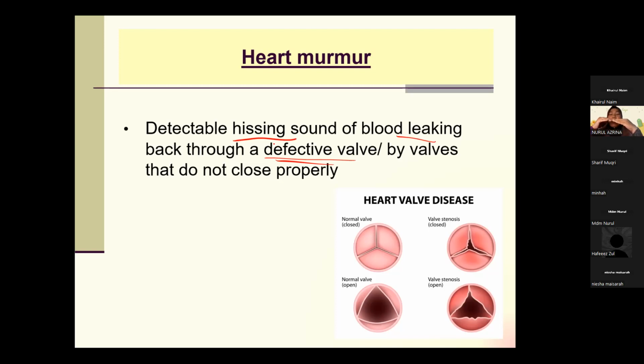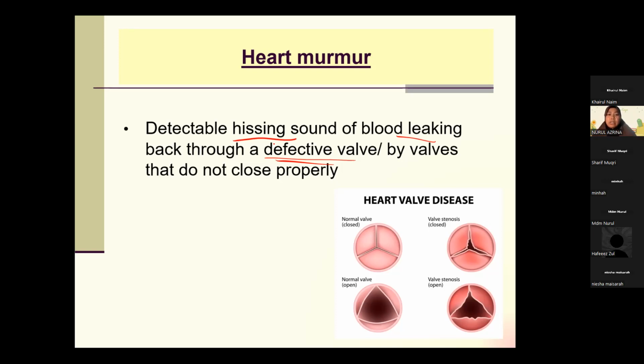So let's say we have atrial systole. During atrial systole the AV valve should be open. Macam tu. Dia open lah sepatutnya kan. But what happens sometimes there is a defective valve, dia sepatutnya buka. Tapi dia macam ini je, satu je yang buka. Right? So there is a defective valve.